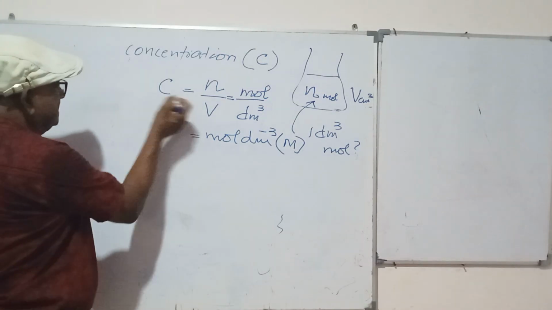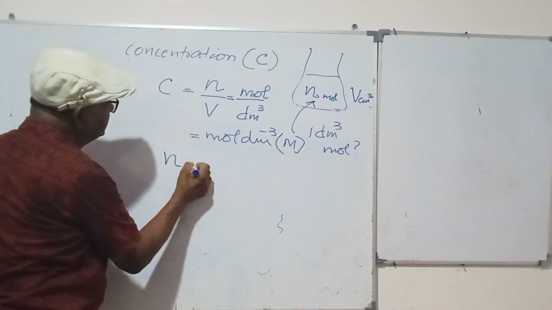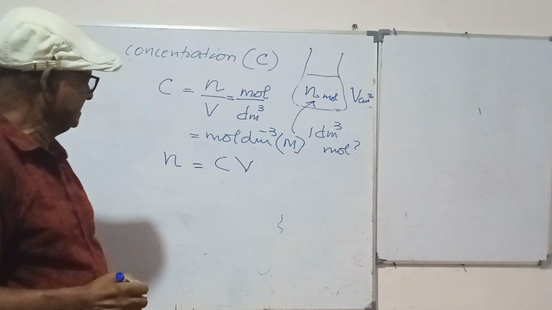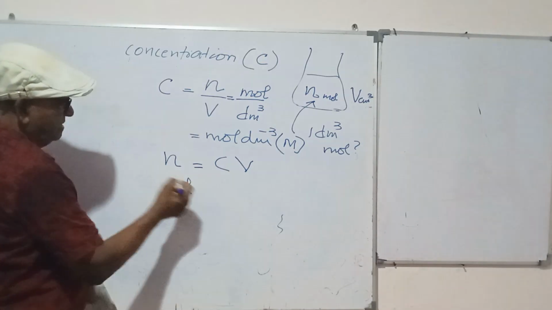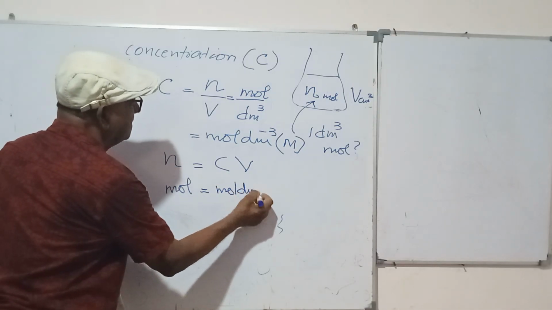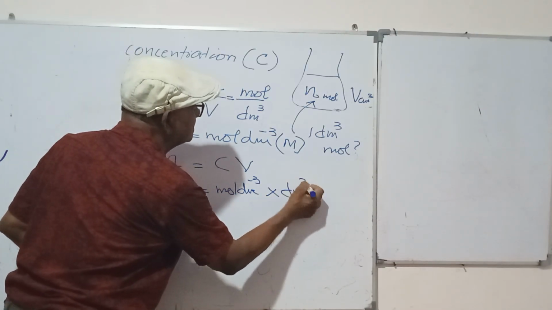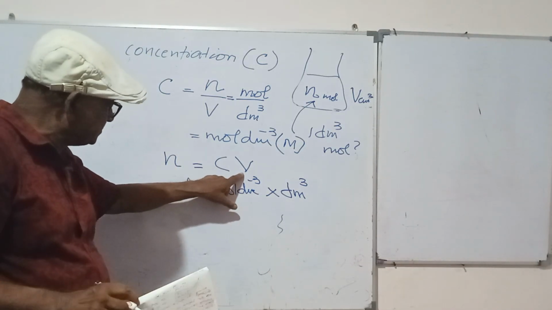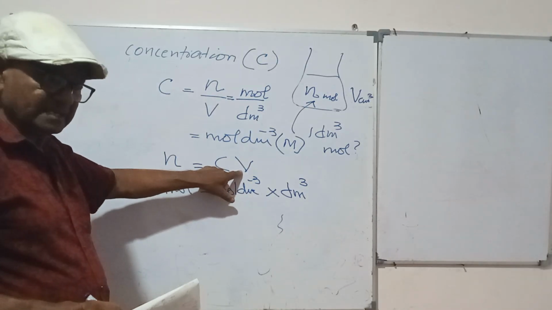Then, from this equation, by cross multiplication, N equals CV. N is the number of moles. C is the concentration, moles per cubic decimeter. V is the volume, which should be taken in cubic decimeters. If we know the volume of the given solution, we can take any sample of the solution.